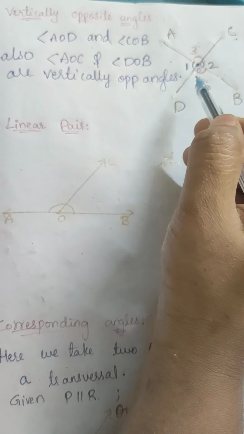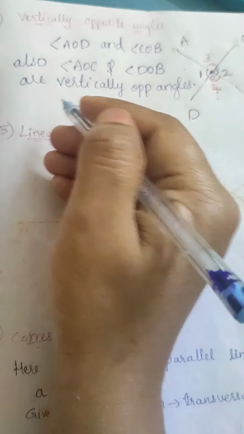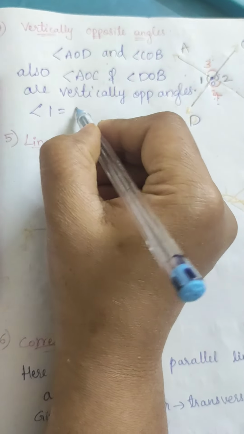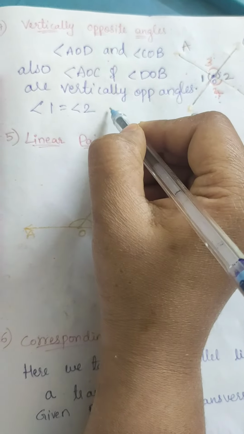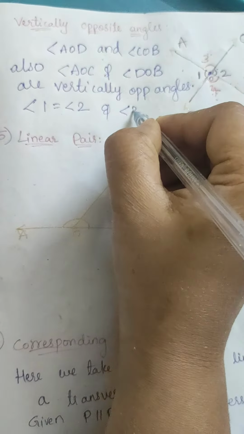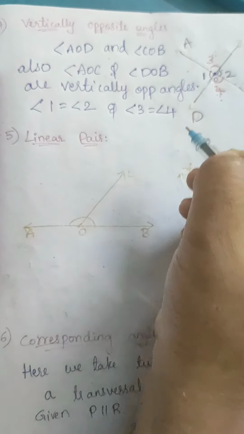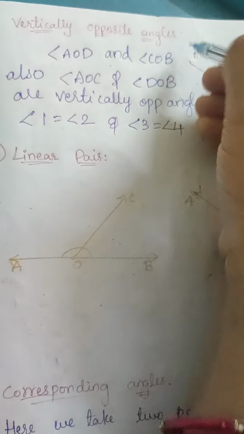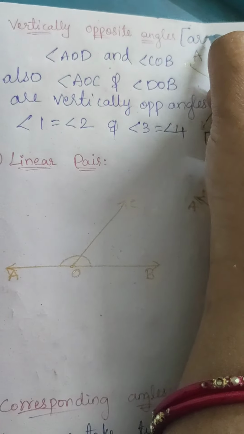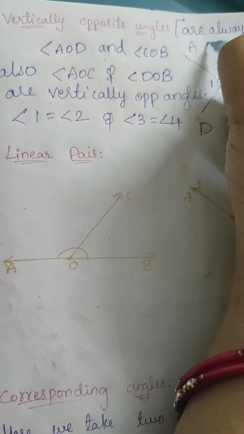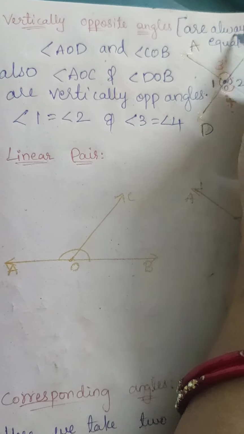We can also write angle 1 is equal to angle 2, and angle 3 is equal to angle 4. Remember that vertically opposite angles are always equal.